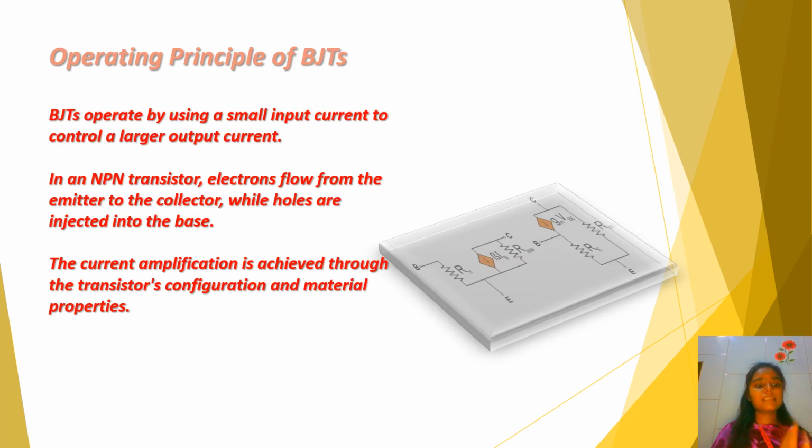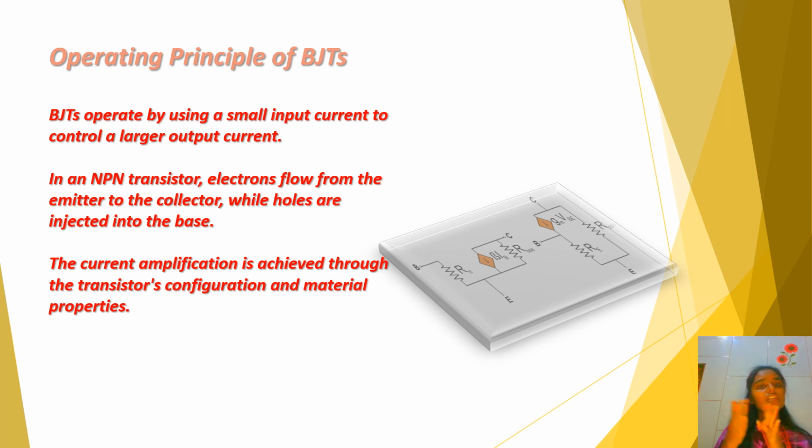Operating principle of BJTs. A BJT controls a larger current between the collector and emitter terminals with a small current flowing between the base and emitter, acting as a current amplifier or switch. Structure: three layers of emitter, base, collector. Types: NPN, PNP. What is the operation? It operates in three ways: forward bias, reverse bias, and current flow.